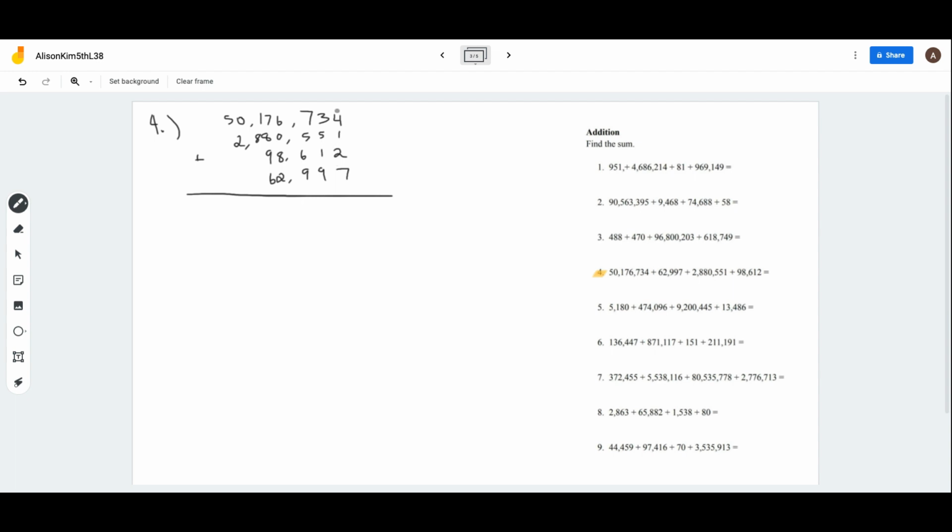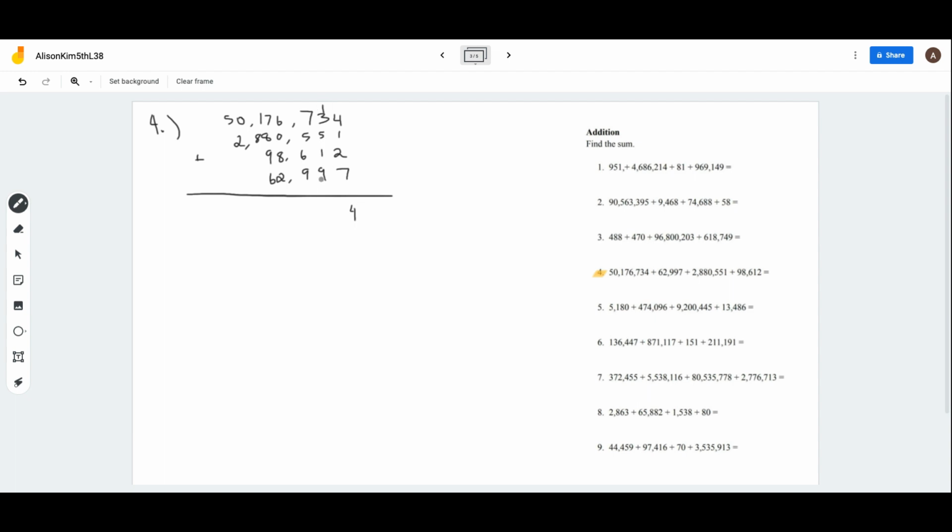So I'm going to go from the ones to the 10 millions. 1 plus 4 is 5, 5 plus 2 is 7, 7 plus 7 is 14. So I bring out the 4 and bring up the 1.